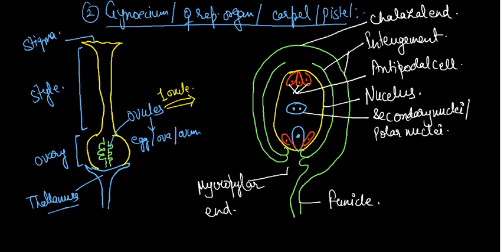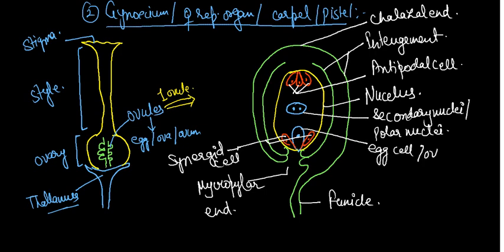These two cells, only these, are called synergid cells. Synergid cell, that is the most important one. And this cell is called the egg cell, or ovum. So this is the diagram of one ovule, which will definitely come in the examination.